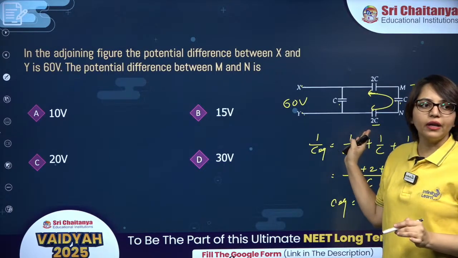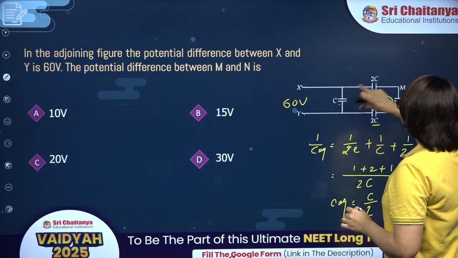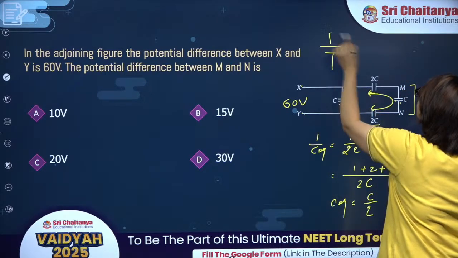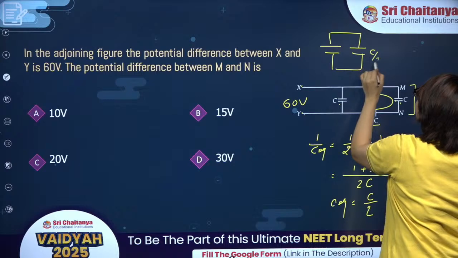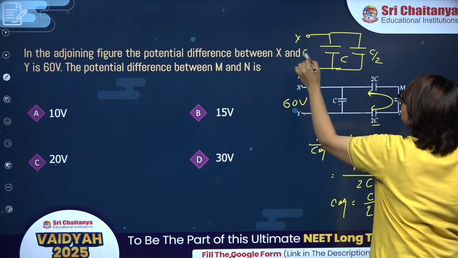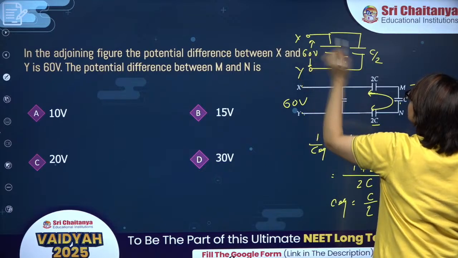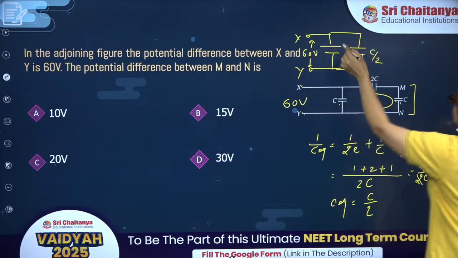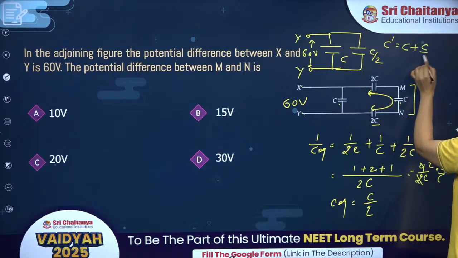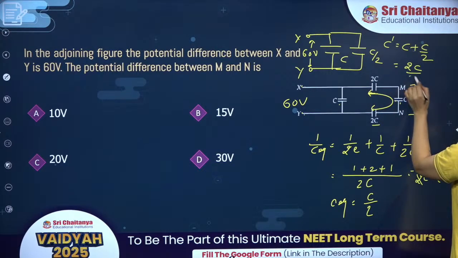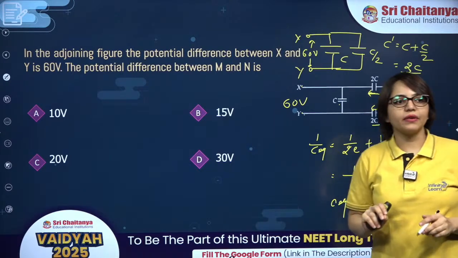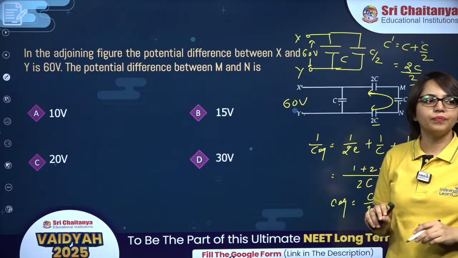Now this C upon 2 is connected in parallel with this capacitor C by 2, across X Y 60 volt. So these two are in parallel. So the overall effective capacitor will be C1 plus C2, C plus C by 2, which is 3C by 2. That is the effective capacitor.